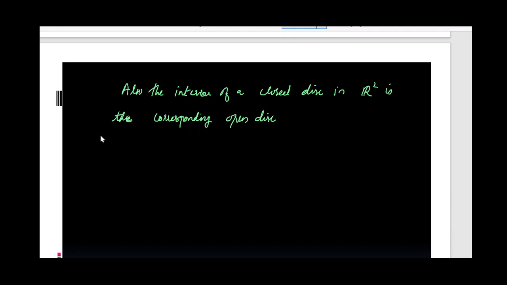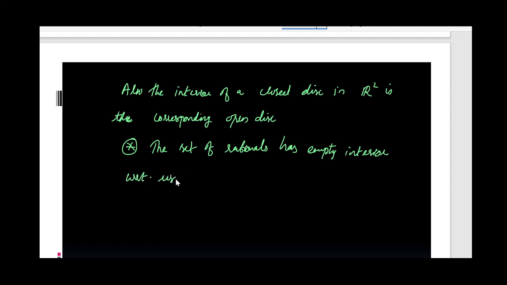Next, the set of rationals has empty interior with respect to the usual topology on R. What's the reason?